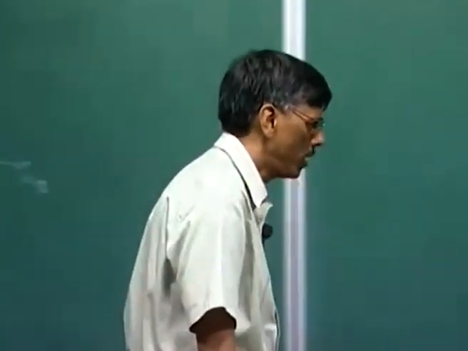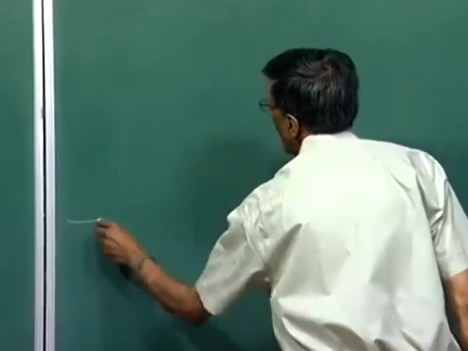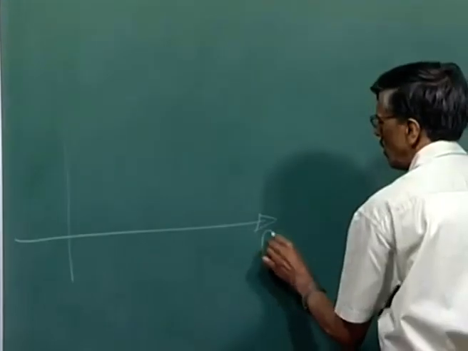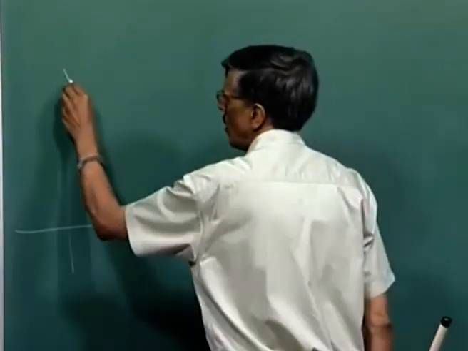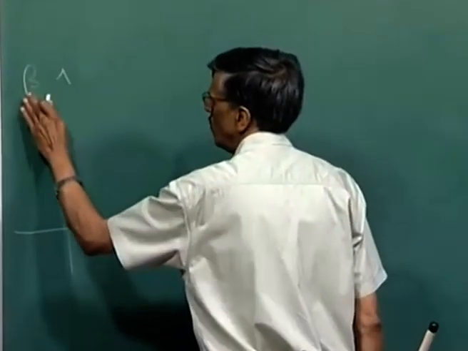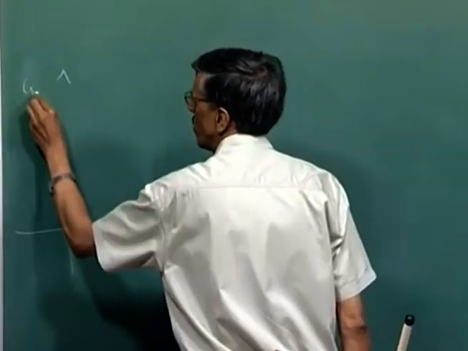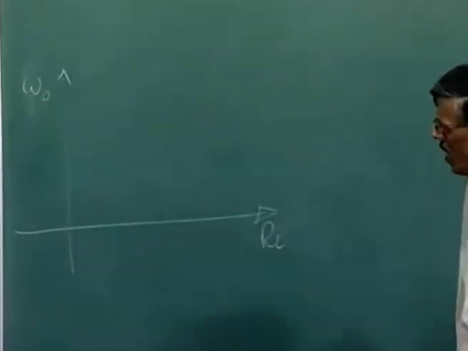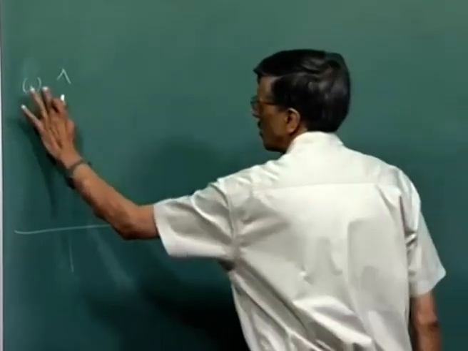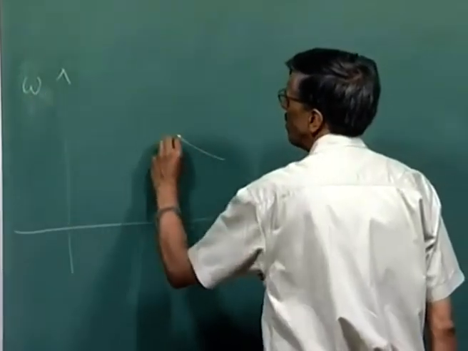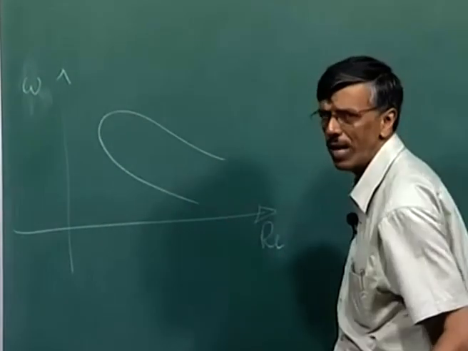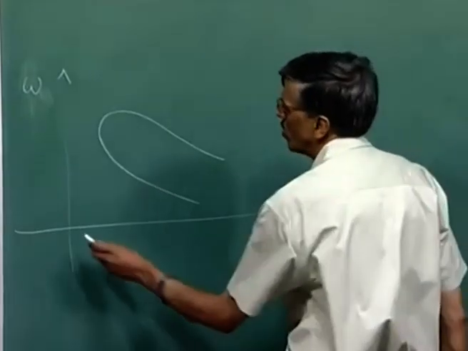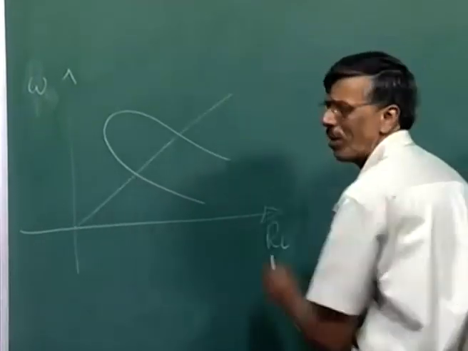And when you go to 4000, what do you have? If you recollect, let's put it as omega, and this is your neutral curve, and we are talking about the omega equal to 0.1 solution, so it should be something like this.